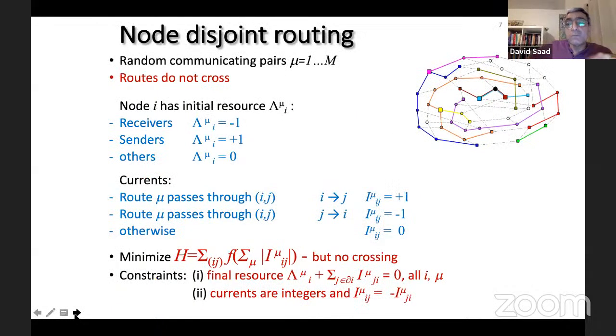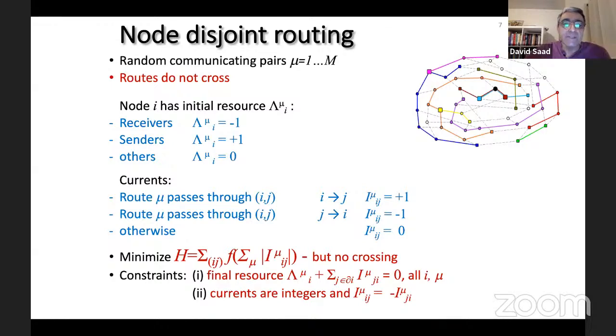What I'm going to give as an example is the node disjoint routing. So in node disjoint routing, you have m random communications, and what you insist on is that routes do not cross. So two different routes are not crossing through a single node. You can describe the system as receivers, senders, and other nodes.